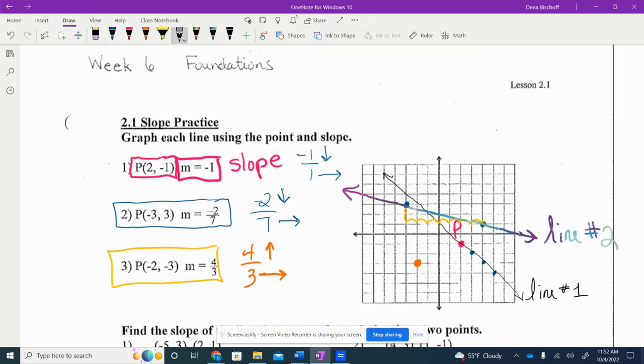So I'm going to go up 1, 2, 3, 4, and then run to the right, 1, 2, 3. So that point is actually right there at 1, 1. And I'm going to do it again. I'm going to go up 1, 2, 3, 4 over 1, 2, 3. And so I'm able to get 3 points on this one. So I'm connecting my orange points. And this is line number 3.